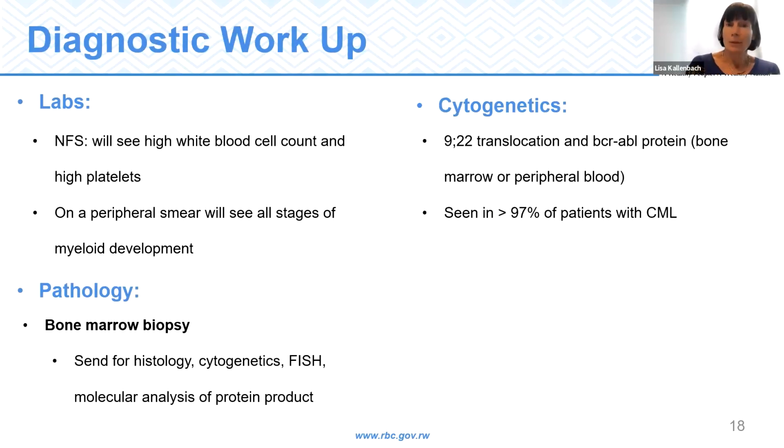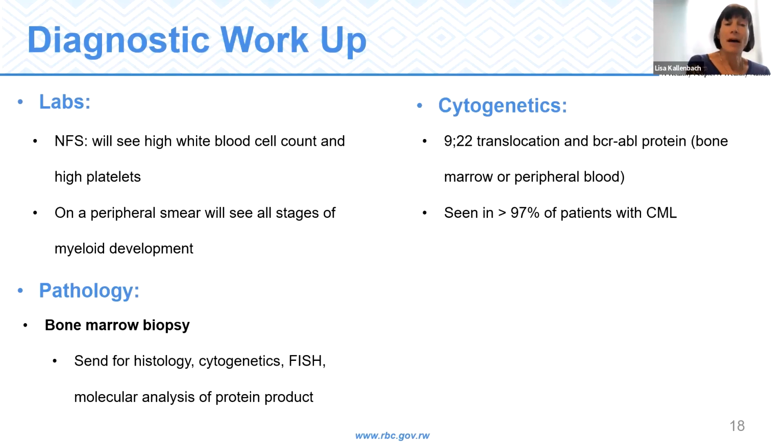So the diagnostic workup includes blood work, where you'll likely see a very high white blood cell count and possibly high platelets. On a peripheral smear, you're going to see all stages of myeloid development.